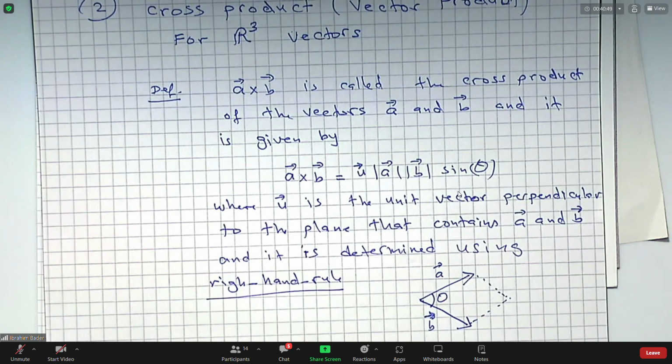What is the right hand rule? You place, I hope I have a graphic here, because in the class I could demonstrate it better, but let's see, maybe I have some.